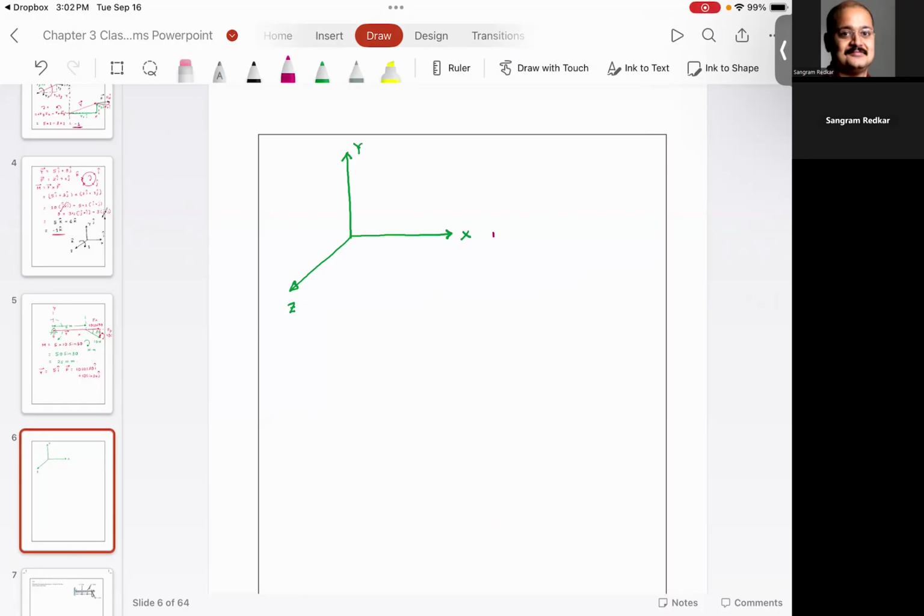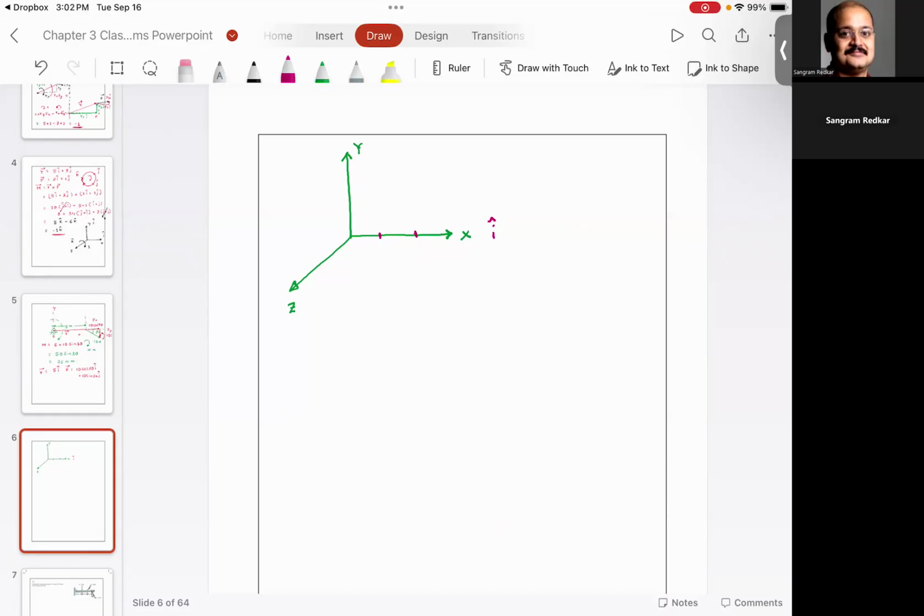Unit vector in X direction is I, which means if you travel 1 unit in I direction, that's going to be 1I. If you travel 2 units in I direction, that's going to be 2I.